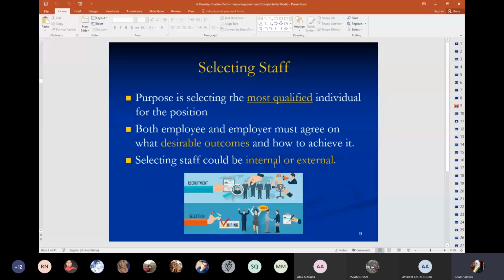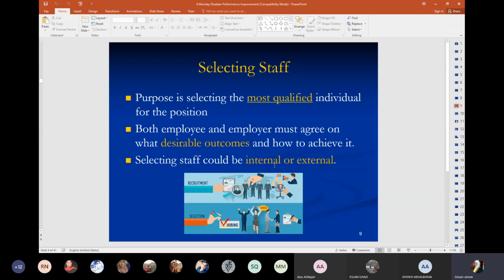When we have, for example, a new position for head nurse, and the current head nurse will resign or quit the job, I have a replacement from my available staff in ICU, and I select from internal. That's what we call a promotion from registered nurse to head nurse.